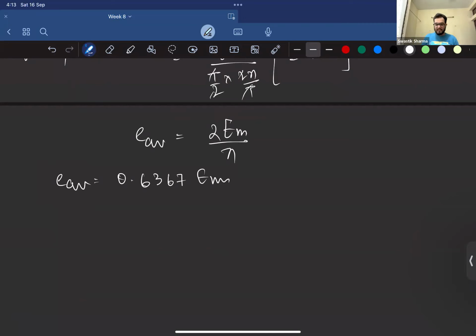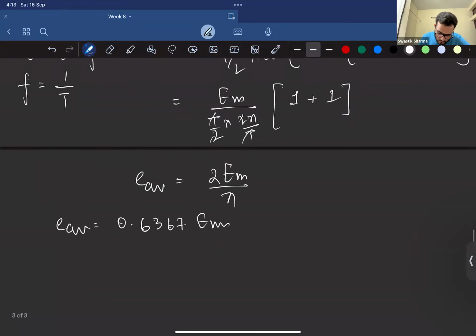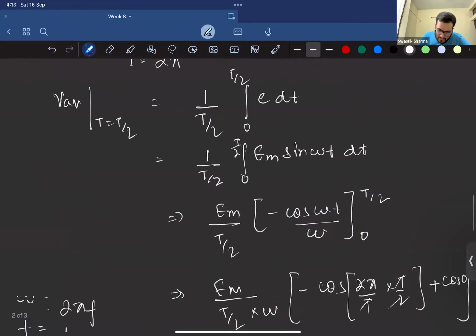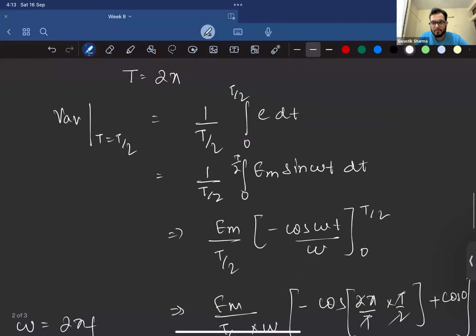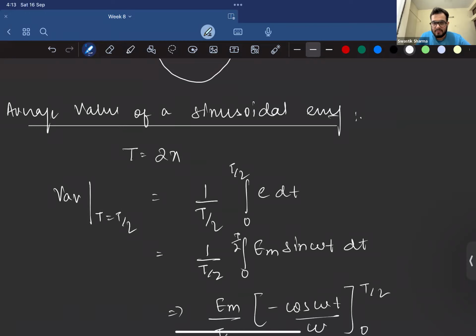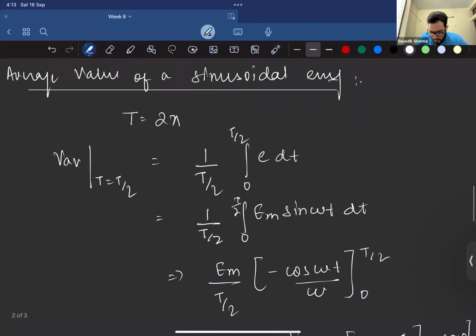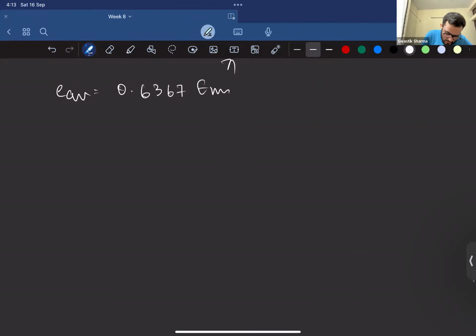That means the average value is 63.67% of the maximum value. This is an important concept while solving single phase AC circuits, because most of the time you will be required to find the average values, and one more value you are required to find is the root mean square value.